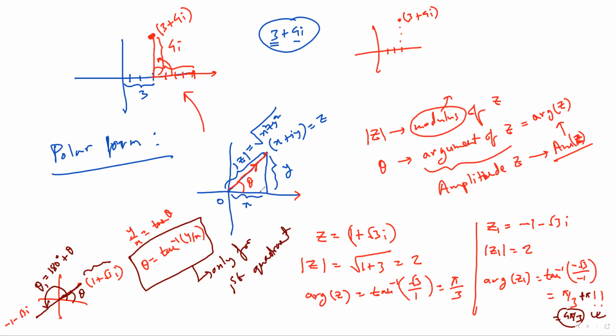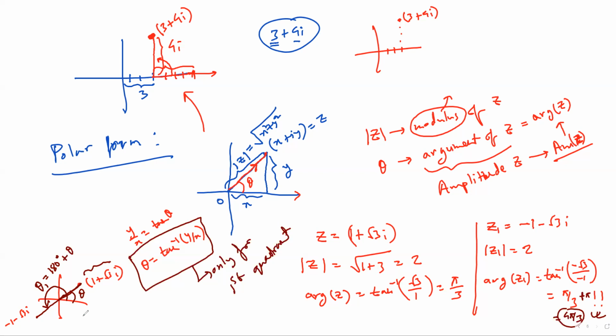So while dealing with numbers in the other 3 quadrants, you have to examine every time manually to see where that number belongs and what the argument should be. And you have to think pretty carefully every time while calculating the argument. All right. So if it is in the second quadrant, generally it's 180 minus theta.